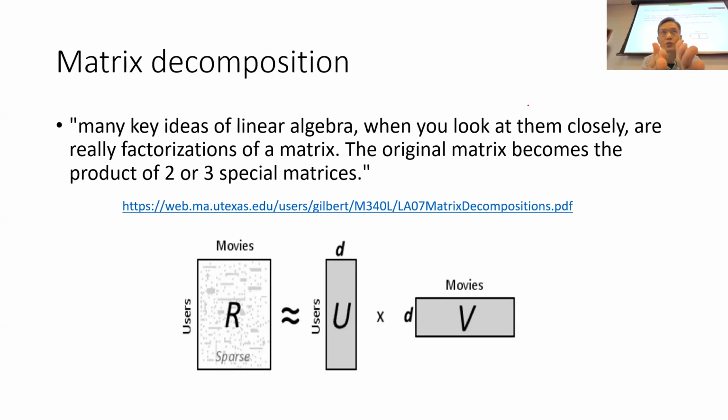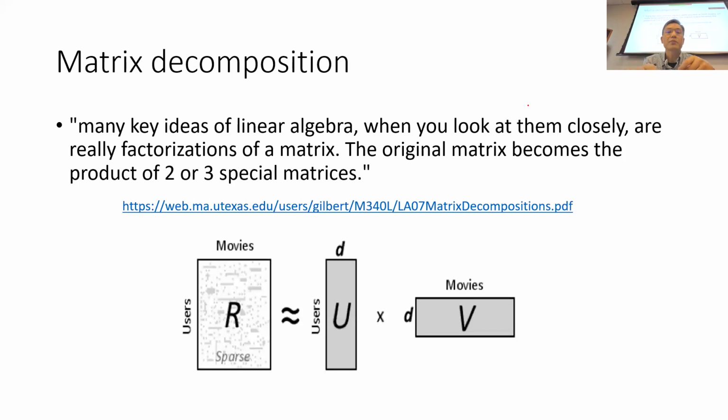Okay, you have users, and you give different features of these user groups. You have D components to describe them. And then the same number of components you give to movies. Because the internal dimensionality matches, D matches D, you can do the multiplication between these two.